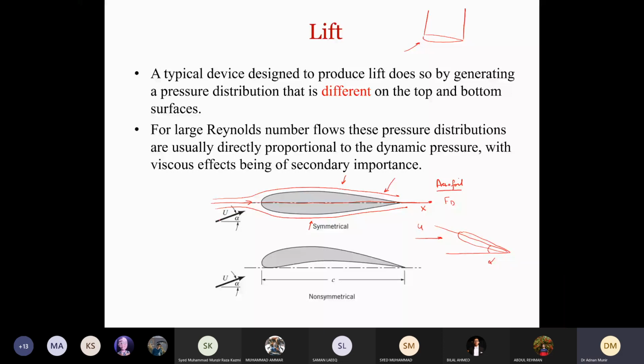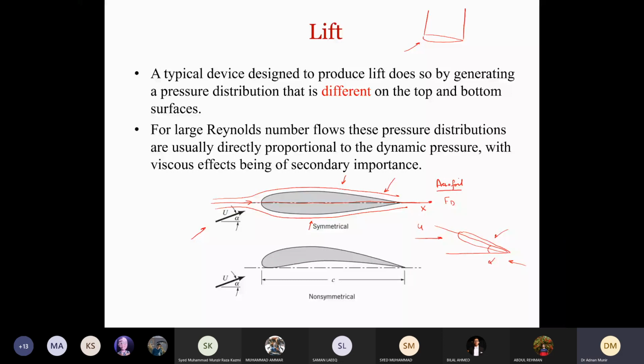So this case and this case are both actually the same. In this case we are changing the orientation of the aerofoil. In this case we are keeping the aerofoil stationary, and we are changing the incoming flow direction by angle alpha. So both of these cases are similar.